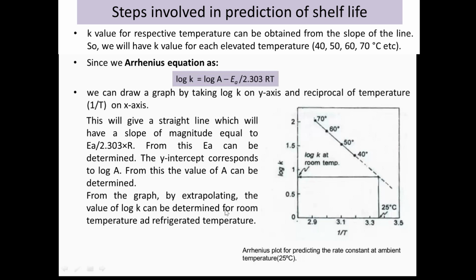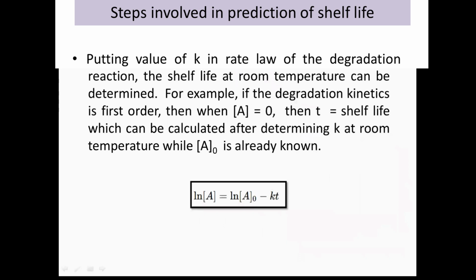From the graph by extrapolating, the value of log k can be determined for room temperature as well as for refrigerated temperature हैन, रेफ्रिजरेटेड टेम्परेचर र रुम टेम्परेचरमा पनि log K को भ्यालु पत्ता लगाउन सकिन्छ हैन, रिएक्सन रेट कन्स्टेन्ट K निकालियो. अब 25 डिग्री सेल्सियसमा K भ्यालु पत्ता लगाएपछि, त्यो K को भ्यालुलाई हामीले यहाँ राख्नु पर्यो. अब हाम्रो यो फर्स्ट अर्डर रिएक्सन भनेको अहिले हामीले भनिसक्यौं हैन, एज अ एक्जाम्पल. अब फर्स्ट अर्डर रिएक्सनमा K25 को भ्यालु थाहा छ, K25 को भ्यालु थाहा भएपछि अब हामीले T निकाल्नु पर्यो.